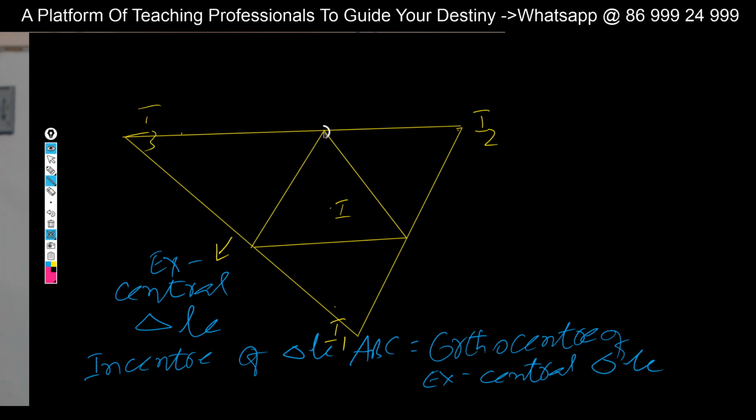The internal angular bisector of triangle ABC, this is I, is nothing but the altitude of the triangle I1, I2, I3.